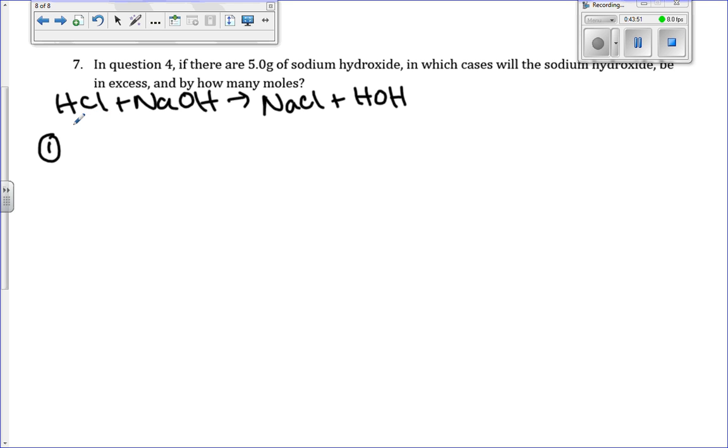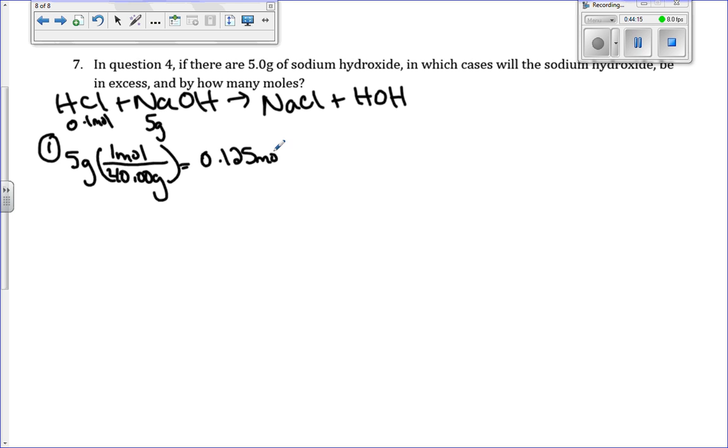So we have 0.1 moles here, and we have 5 grams of sodium hydroxide. When we look at the 5 grams of sodium hydroxide and we calculate out the number of moles, we're going to divide by the molar mass to see that we get a lovely 0.125 moles.